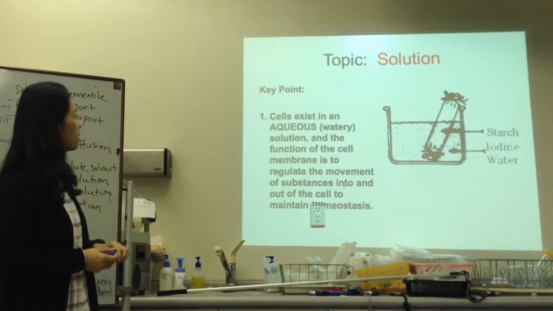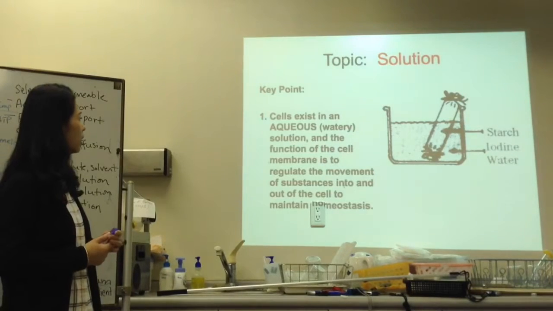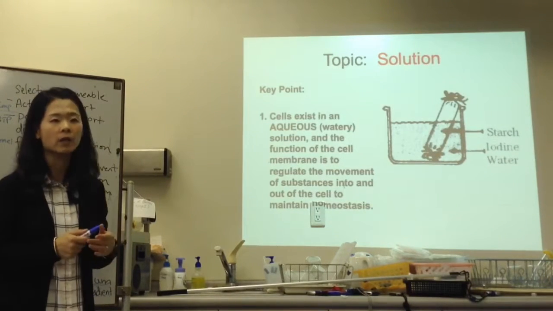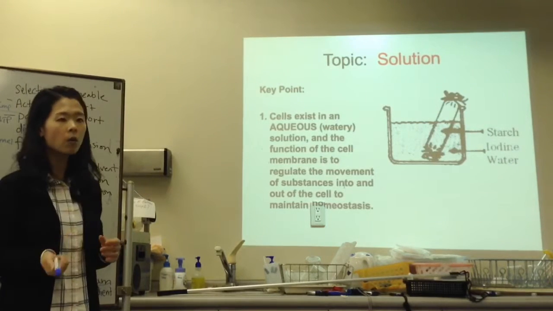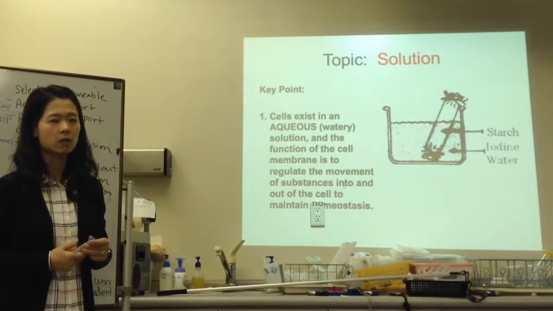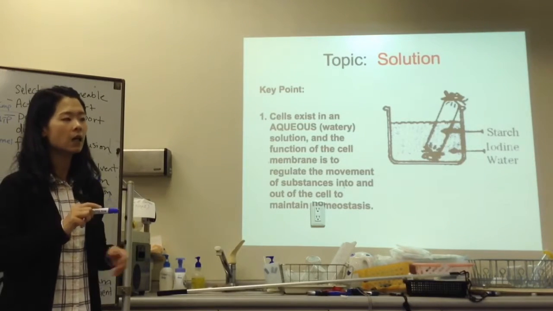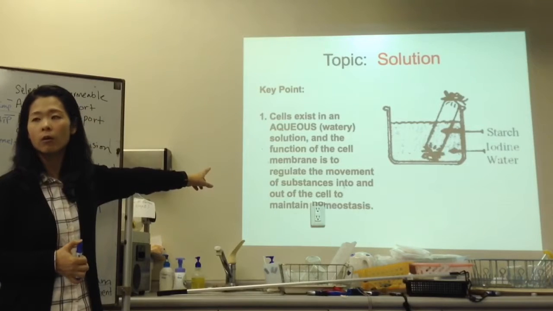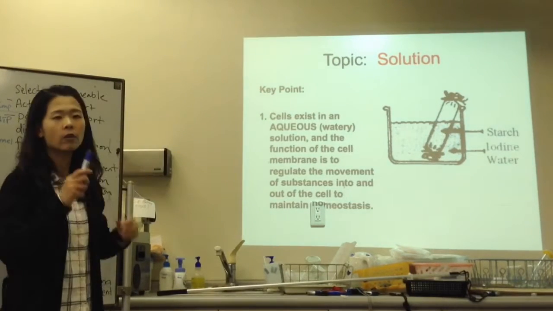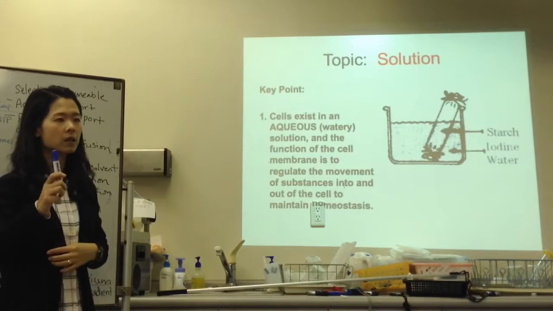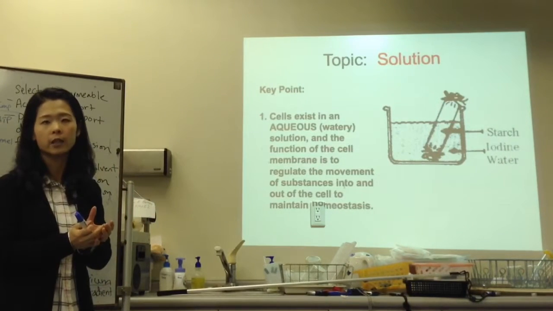Cells exist in an aqueous or watery solution, and the function of the cell membrane is to regulate the movement of substances into and out of the cell in order to maintain homeostasis. That is about how it's adjusting or responding to the type of solution that it is sitting in.